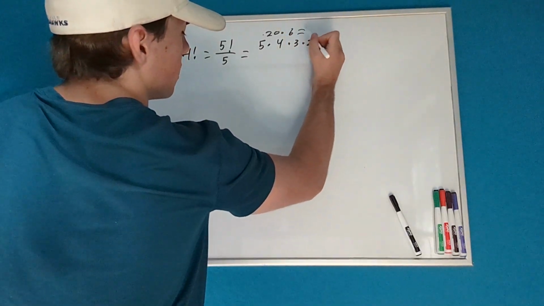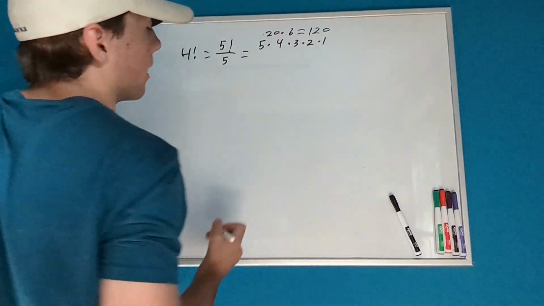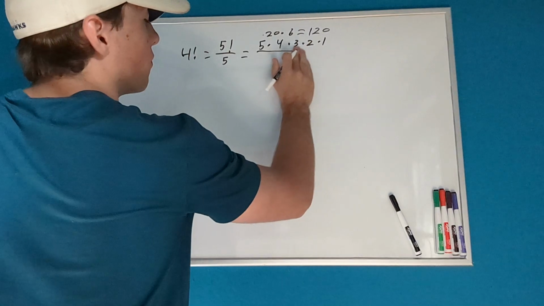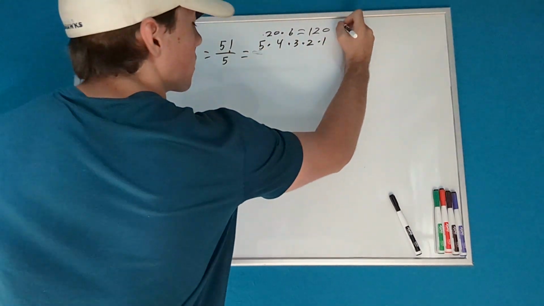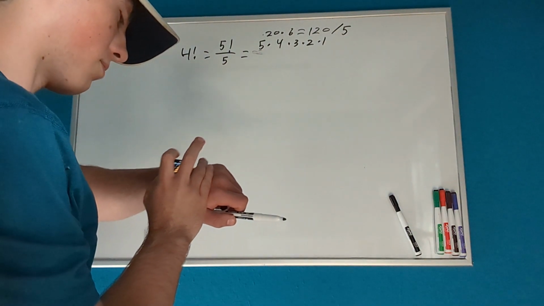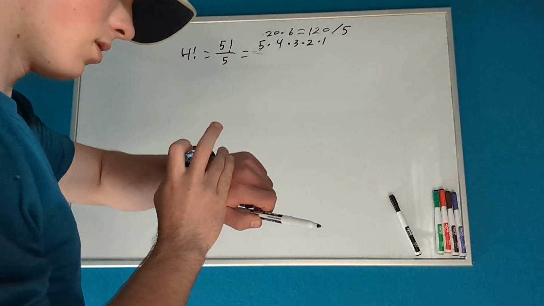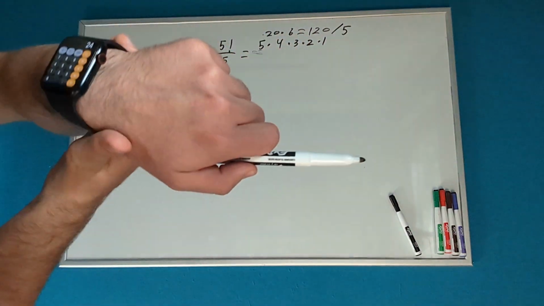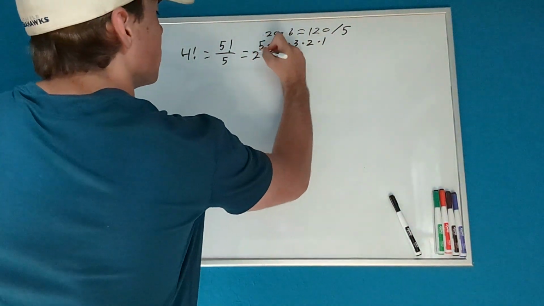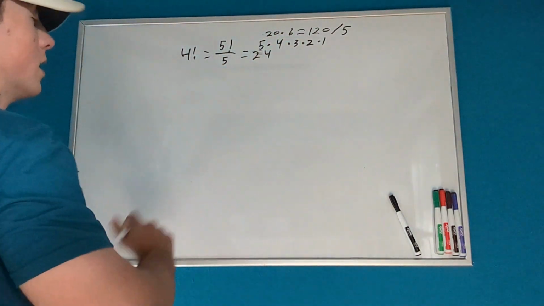This is equal to 120. We divide 120 by 5. I'll put that in on my Apple Watch just so you can be sure. 120 divided by 5 is 24. So 4 factorial equals 24.